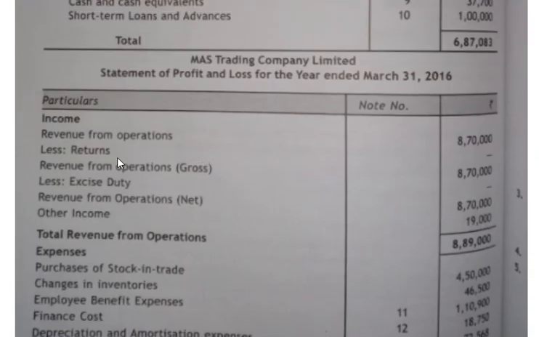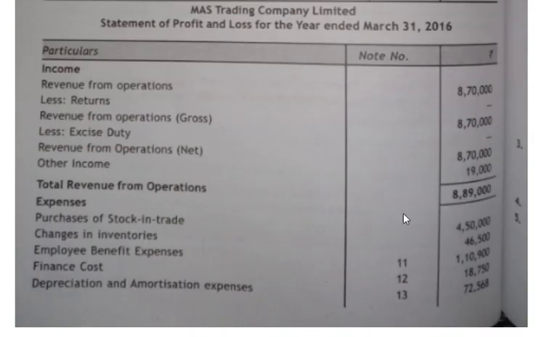You start with income. Revenue from operations is nothing but your sales, 8,70,000, minus your returns. Then you have your revenue from operation gross, bring back the amount, 8,70,000, minus your excise duty, nothing you have. So again you have your revenue from operation net, which is 8,70,000. Your other income is 19,000, so your total revenue is 8,89,000.